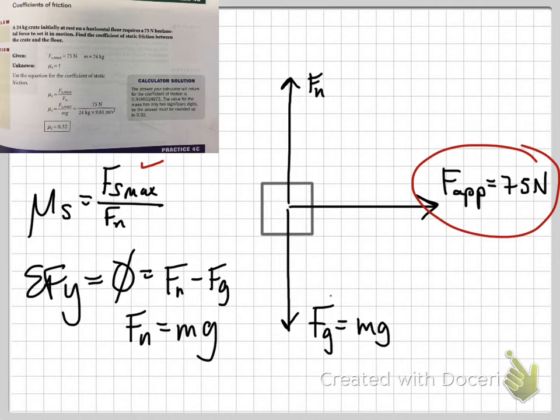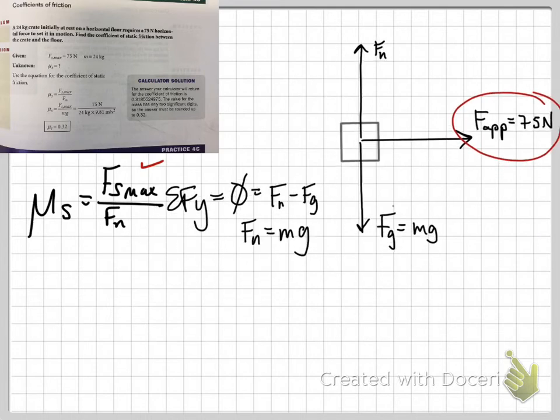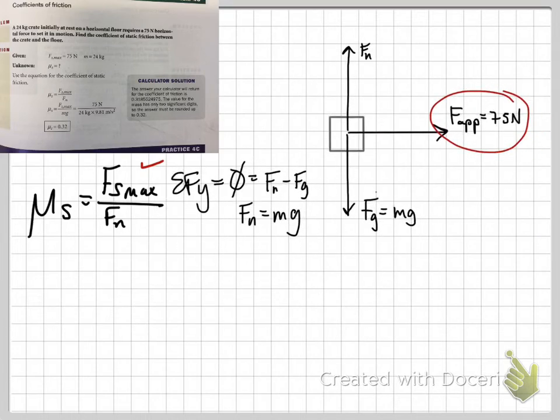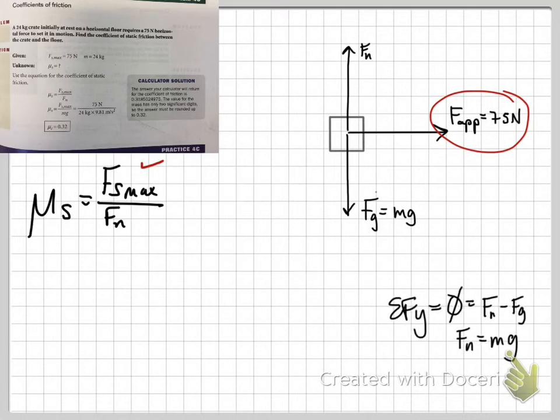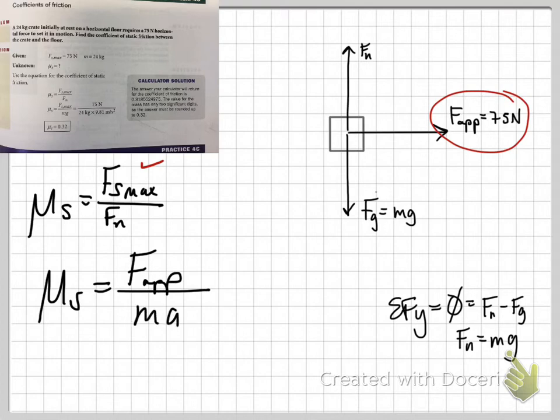Okay, so we can actually do a substitution, because they're so much fun. I'm going to shrink this and move this over here. It's a good habit to get into. So that's going to be F applied over mg.